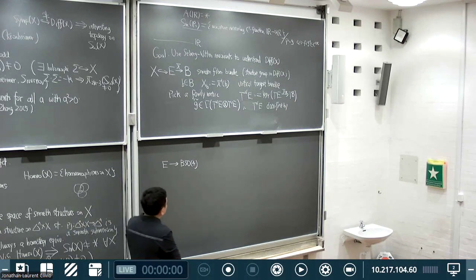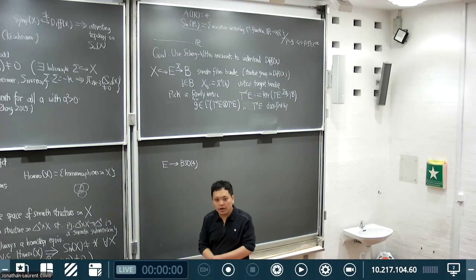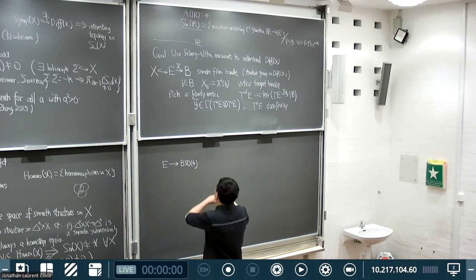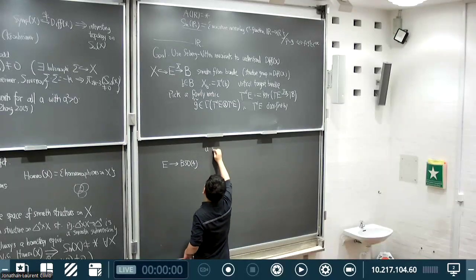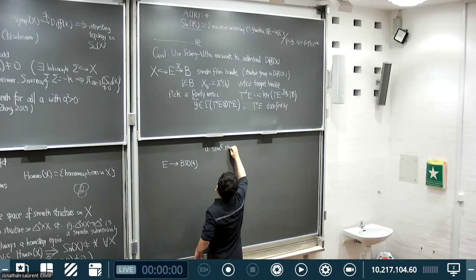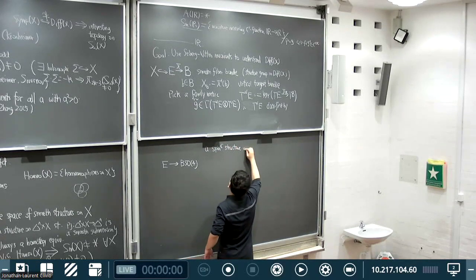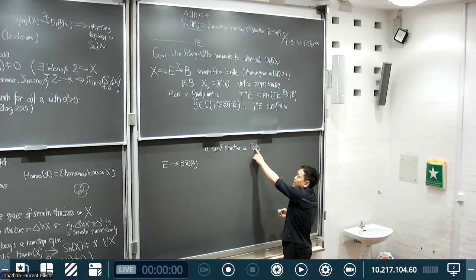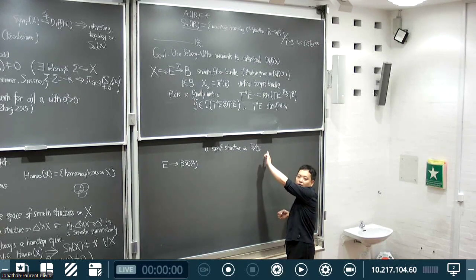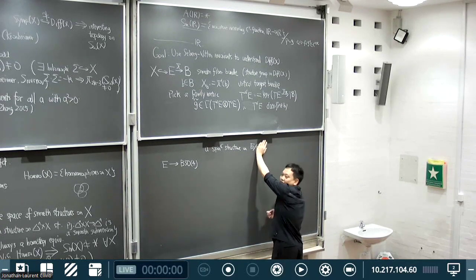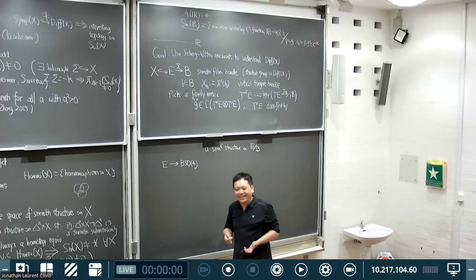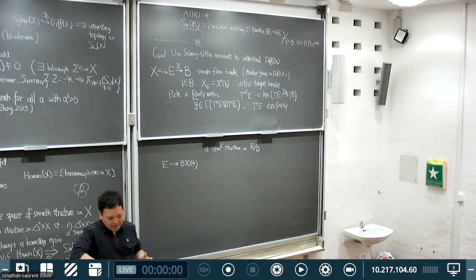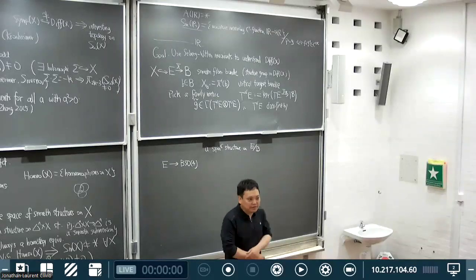Now the next thing to do is to fix a spin C structure or spin structure on this family. When I write this notation, I mean a bundle over B. Sometimes I will just ignore the base and write a single E, which is an abuse of notation, because here I treat E as a family of manifolds instead of a single manifold.